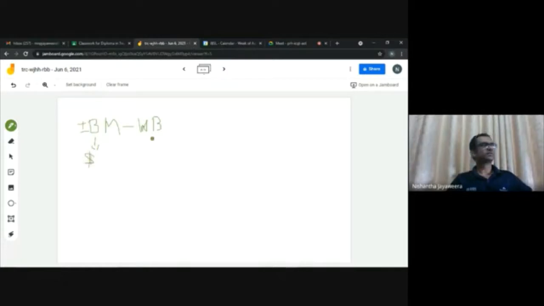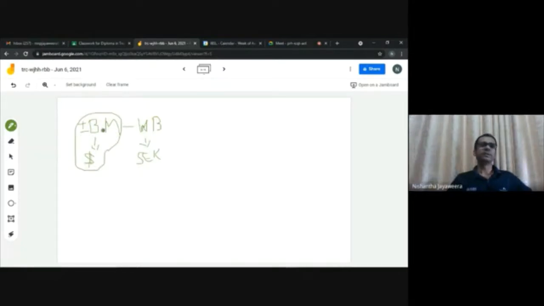For whatever reason, World Bank wanted, if I remember, Swedish krona. IBM has a presence in Sweden, I guess, if I remember correctly. World Bank has a presence in the US.